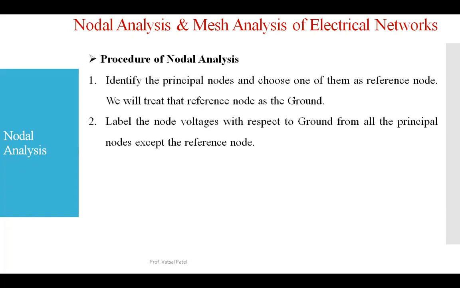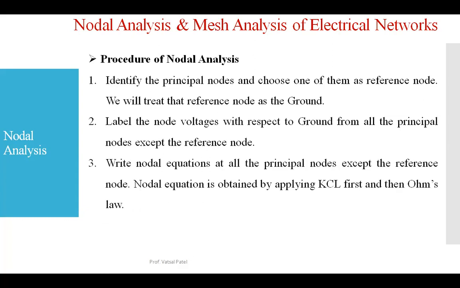The second, we have to label all the node voltages with respect to ground for all the principal nodes except the reference node, because the reference node or the ground node, whenever you see it, has the value of 0 voltage. So the second step is that we label the node voltages.